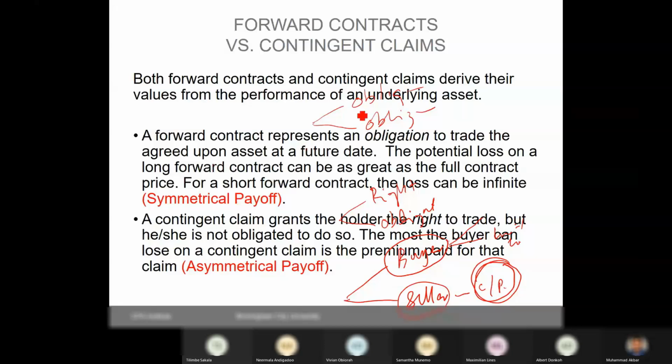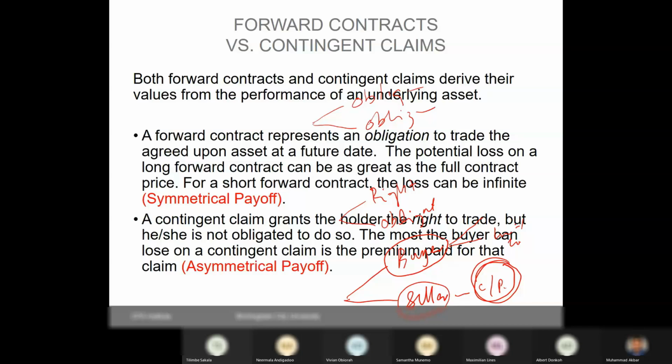In forward commitments, the gains and losses of the buyer and seller can be identically distributed. However, in the contingent claim or options, the buyer and seller's payoffs are asymmetrical. The seller will have limited gains and unlimited losses possibility, particularly in the case of call options, while the buyer will have limited losses and unlimited gains in the case of call options, as well as in the case of put options, but the gains are limited.